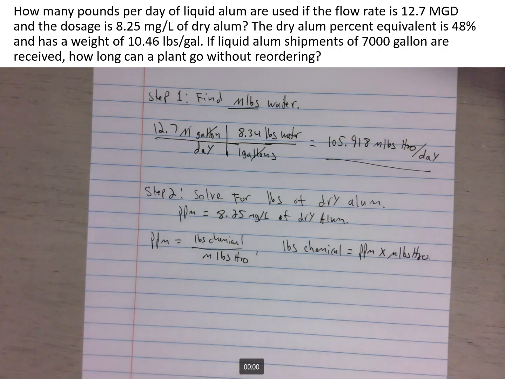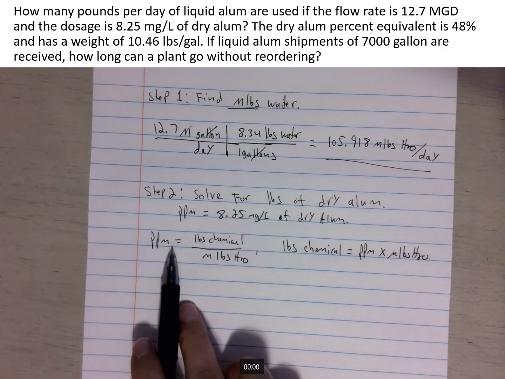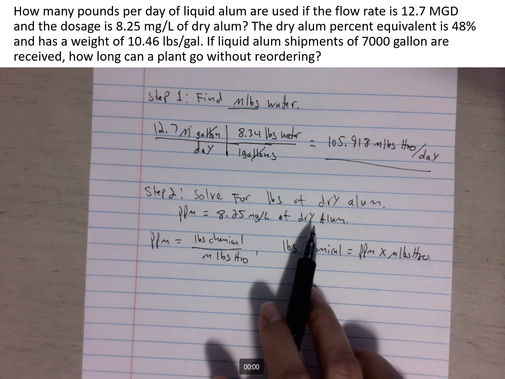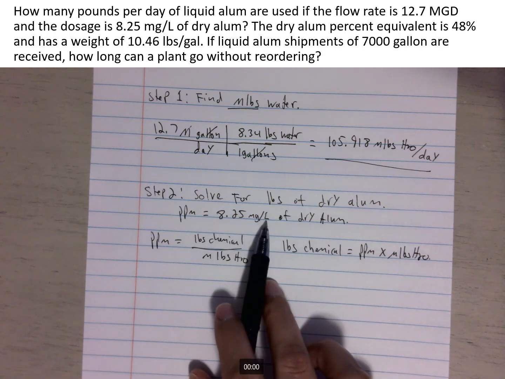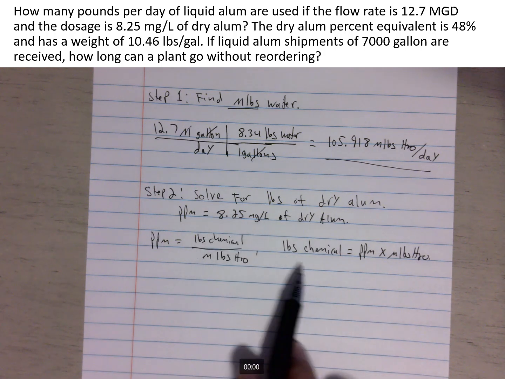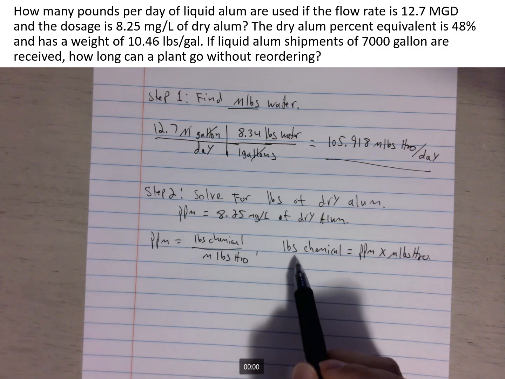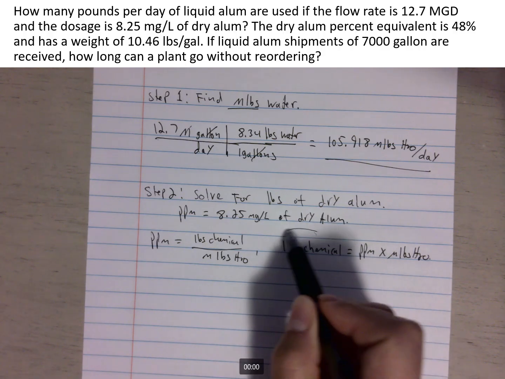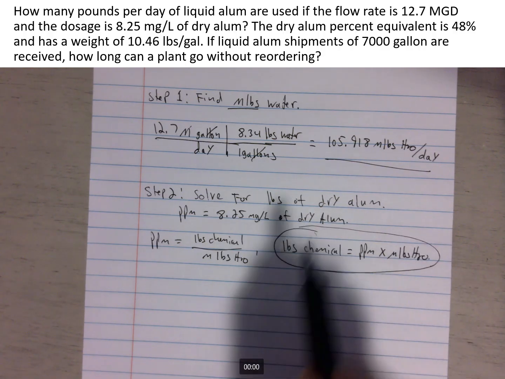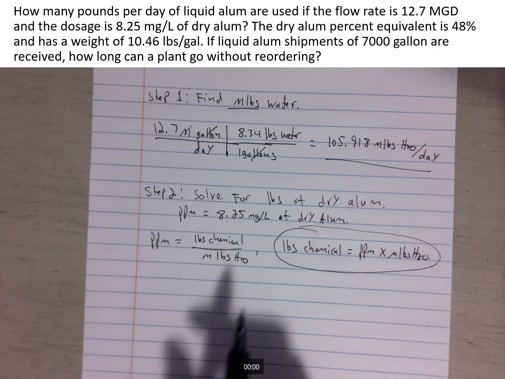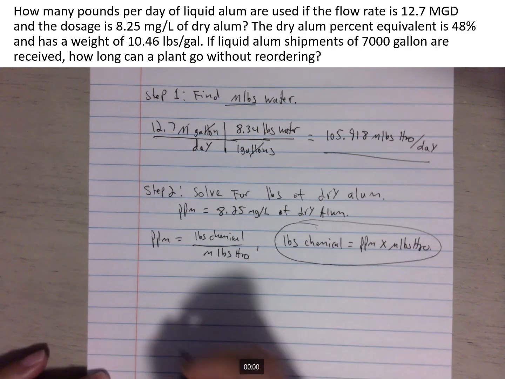In this case, we have the concentration of dry alum that we're applying, so the form of the equation we're going to use is the second one, because we need to find how many pounds of that dry alum we are using. We're being asked how many pounds per day, and we're given a dosage in dry alum, so let's find that.